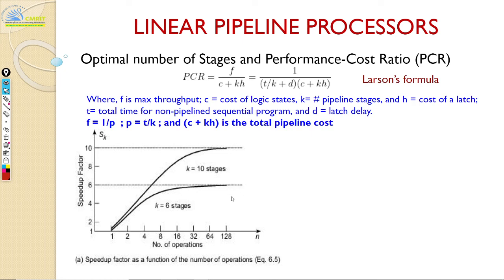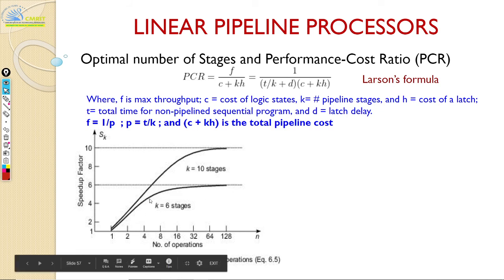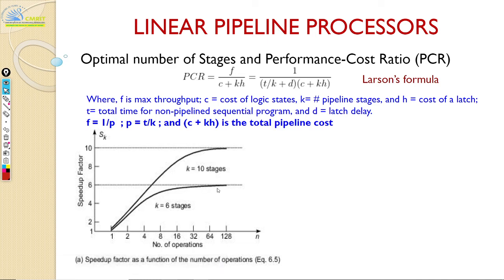Then as you increase the number of instructions, the curve will increase nicely, and it'll go up and get very close to the number of stages. It will never hit 6. It's only a theoretical max speed up. Theoretically it can be 6, but you can never have 6 as a speed up. It will be very close to 6, like 5.999 something.